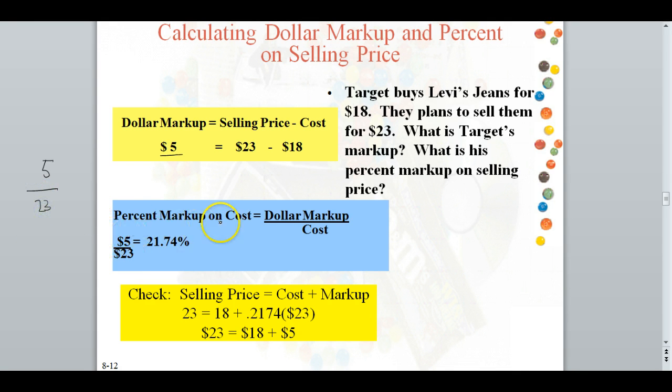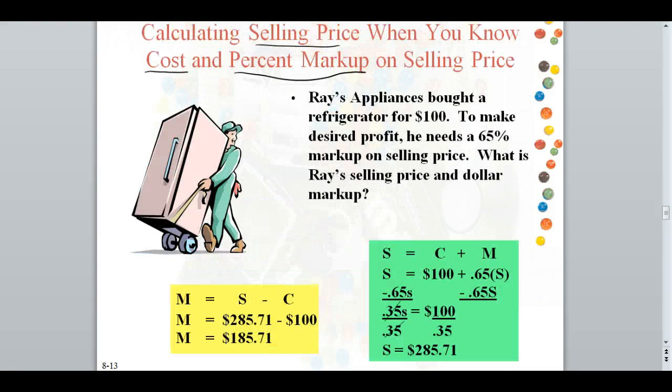I'm sorry. They did it right. They just have the wrong wording there. Equals 21.74%. That's confusing me. We'll cover that more in class there.